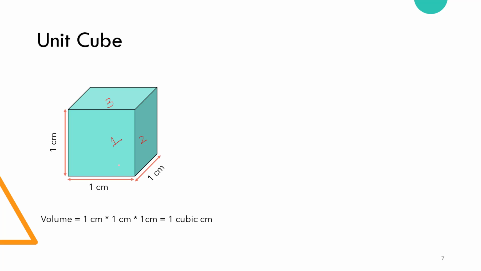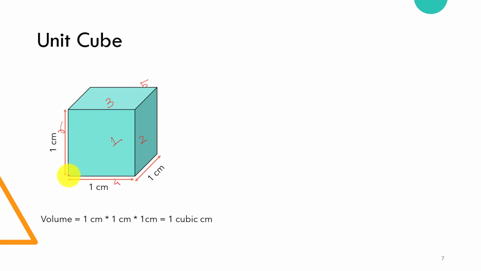Below there is a face which is our face number 4. Behind there is another face, face number 5, and there is a face over this side as well, which is our face number 6. So we have 6 faces in a cube, and the dimensions of each face are the same.